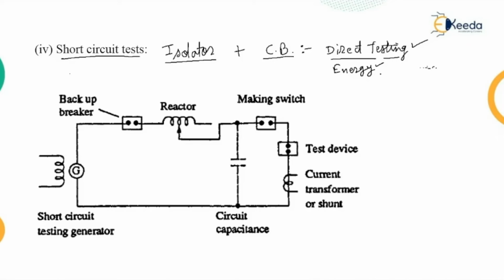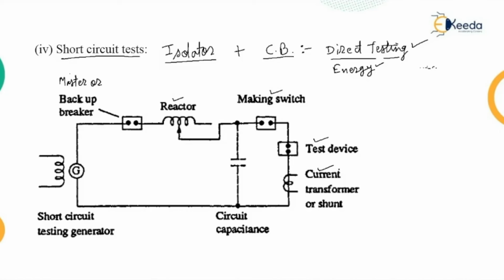For that purpose, you can refer to this given diagram where we have a master or backup breaker. Then there is a reactor. Then a making switch. Test device.